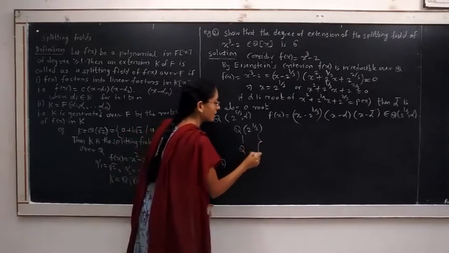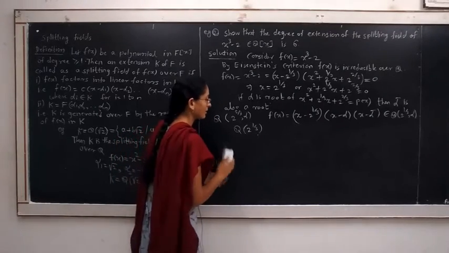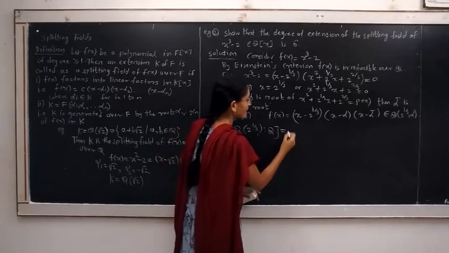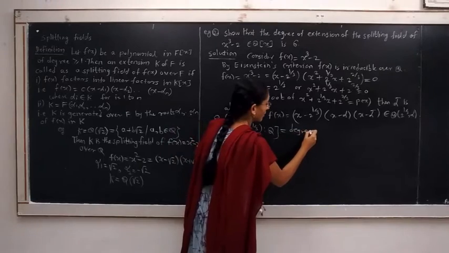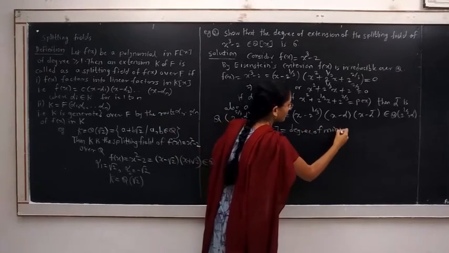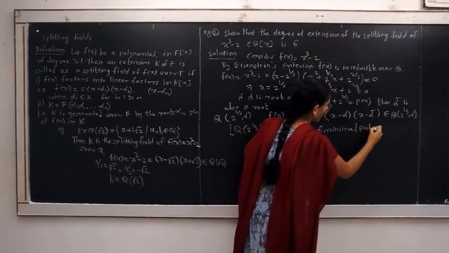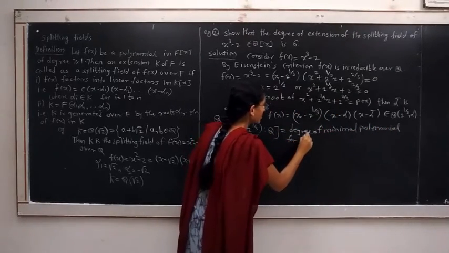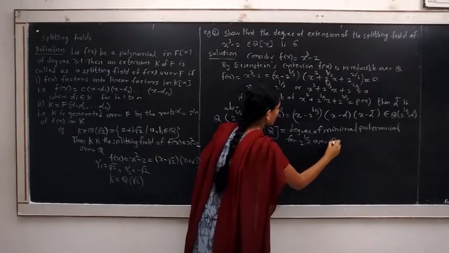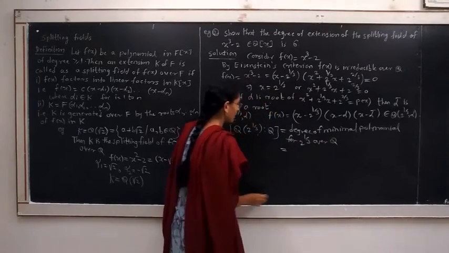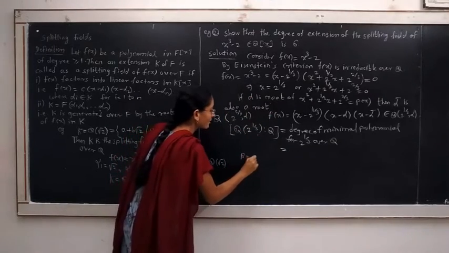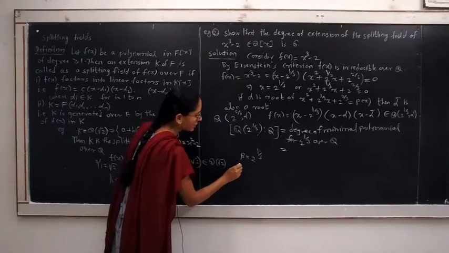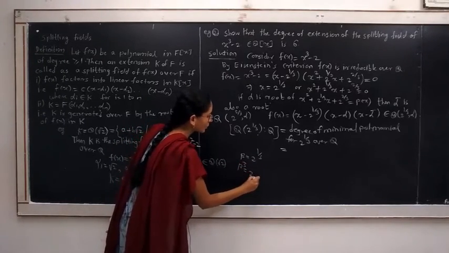This degree of extension is 3 because the degree of extension of Q joining 2 raised to 1/3 over Q is the degree of the minimal polynomial for 2 raised to 1/3 over Q. If we consider beta is equal to 2 raised to 1/3, by taking the cube of this equation we get beta cube is equal to 2.